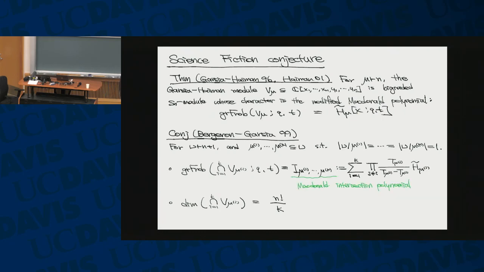So we name this symmetric function indexed by k partitions also the Macdonald intersection polynomial. And this is the reason why we named it Macdonald intersection polynomial, because it conjecturally comes from the intersection of Garsia-Haiman modules.